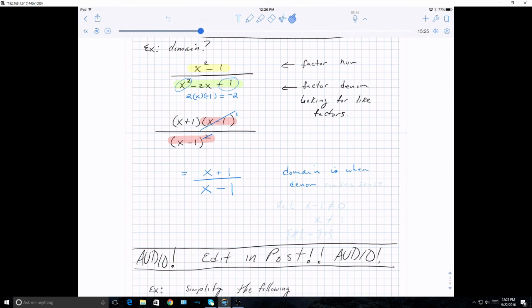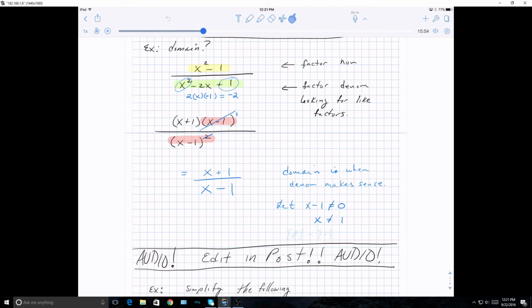So clearly, the only time this doesn't make sense is when we let x minus 1 be equal to 0, which means x cannot be equal to 1.